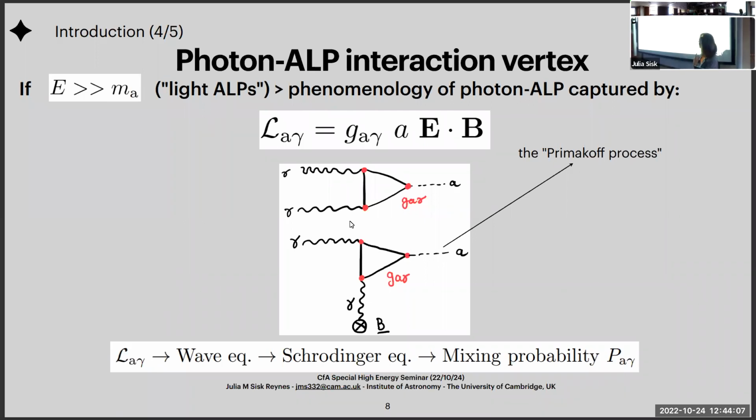So what we'll be trying to look at is a region of parameter space where this Lagrangian will be non-zero. And we should be able to quantify this eventually into an observable that we'll refer to as a mixing probability of photons going into axions.